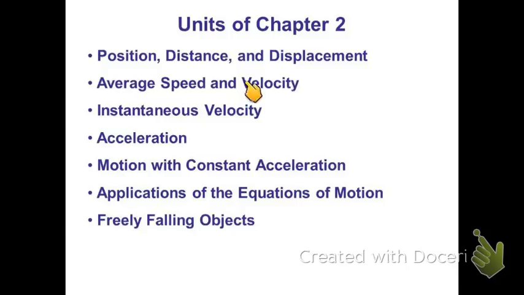We have speed and velocity, and the difference is also important in kinematics. We will define instantaneous velocity, acceleration, and a particular type of motion which takes place on the surface of the earth, a constant acceleration motion. And we will close the chapter by analyzing freely falling objects.